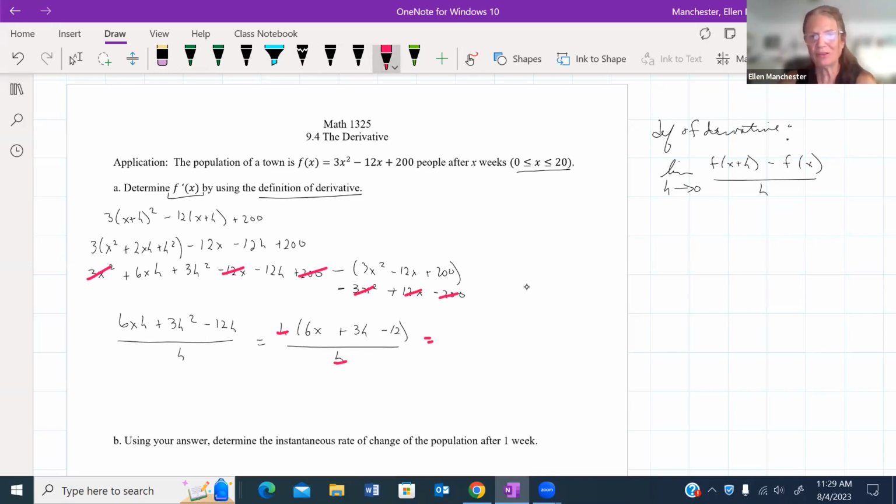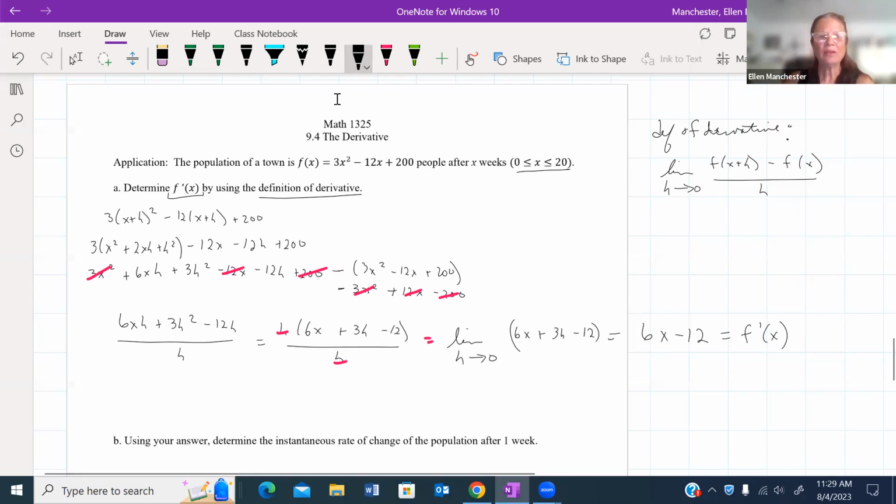You can see how fast this goes. So the limit as h goes to 0 of 6x plus 3h minus 12 is 6x minus 12. That is your derivative.